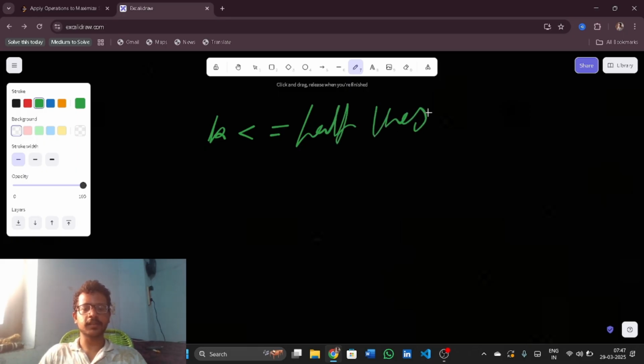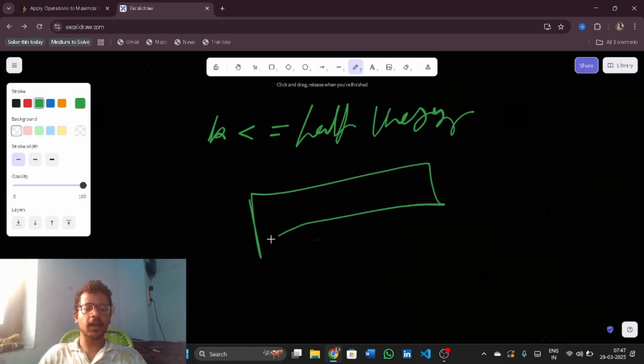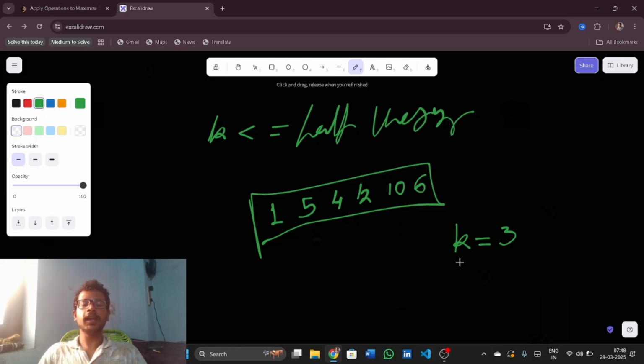Let me think in such a way that I am given an array and k is exactly half, and I am given values like 1, 5, 4, 12, 10 and then 6. So this is the size of the array and k is equal to 3.